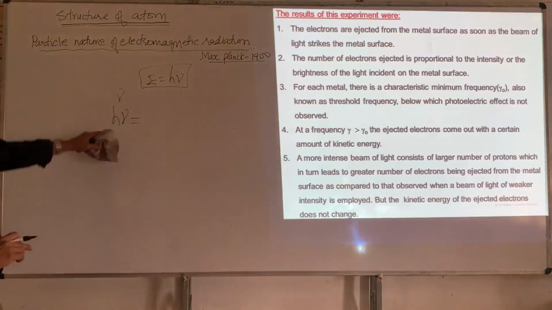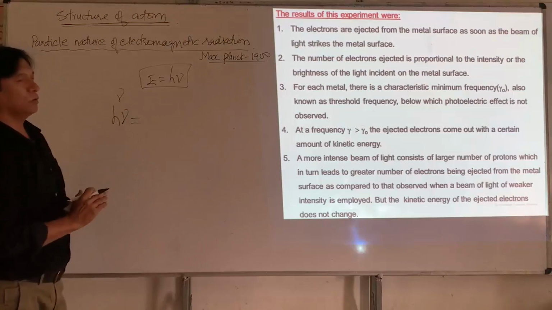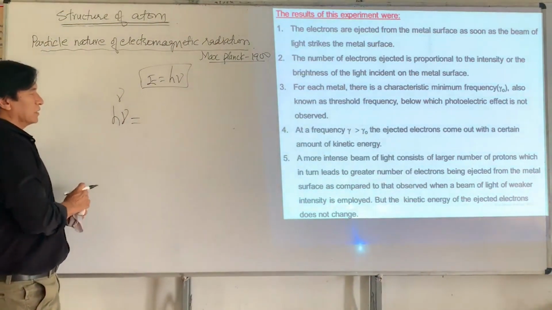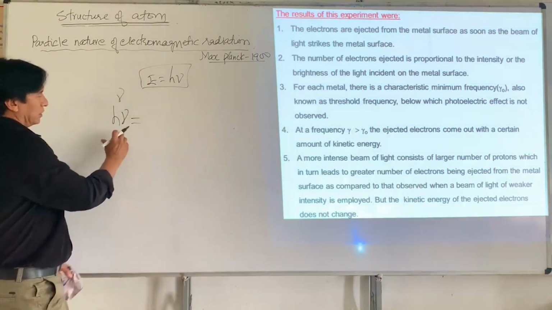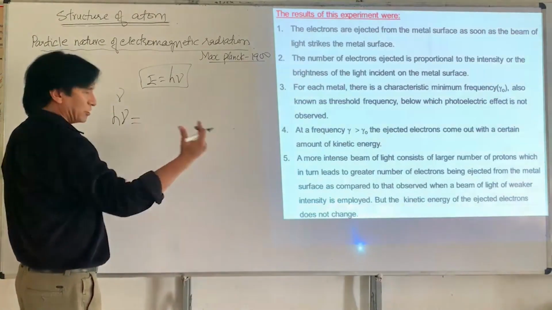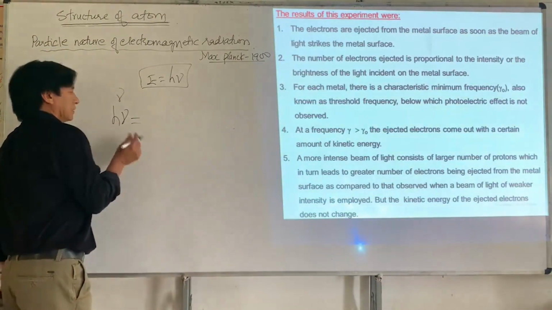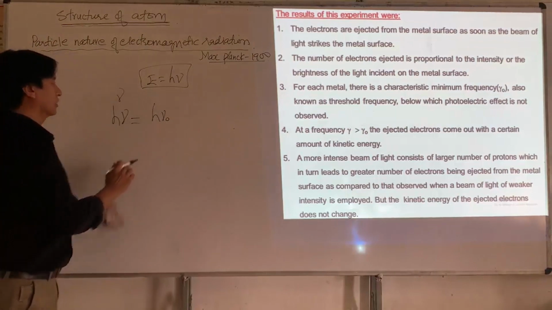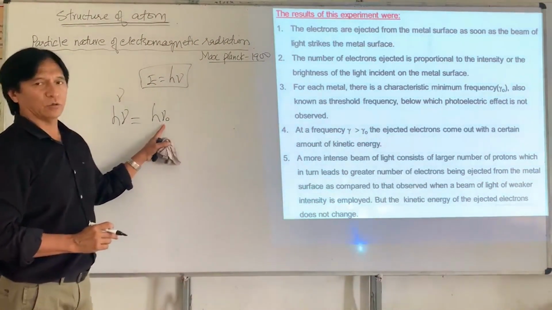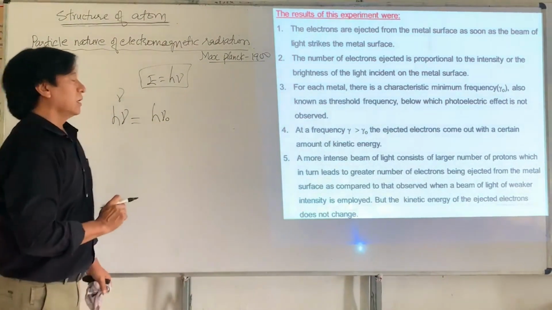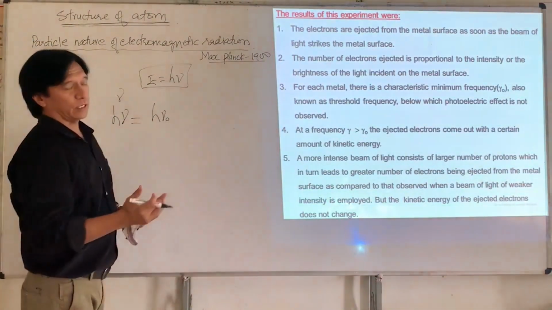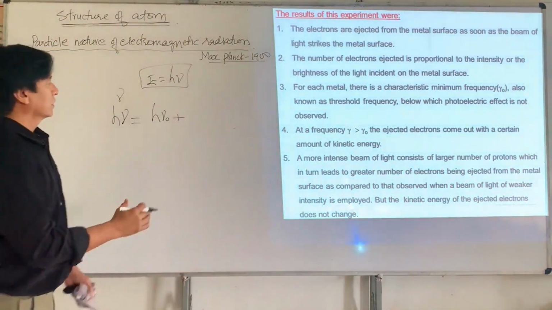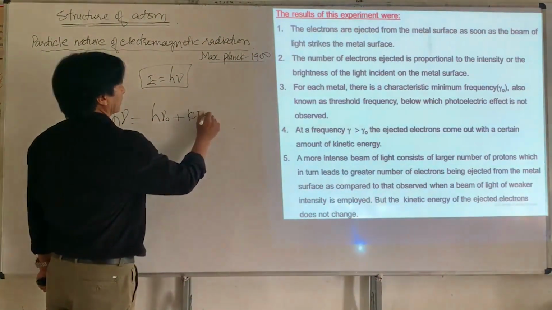Now, from this energy h nu of, say, a photon of light striking the metal surface, a part of this energy is used up for ejecting the electron from the metal surface, and that is denoted by h nu naught. h is the Planck's constant, nu naught is the threshold frequency, that is the minimum frequency, and then the remaining energy which is left over is given to the electron as its kinetic energy.